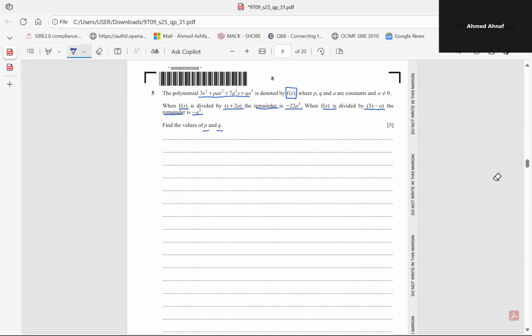Okay, so let's solve for x plus 2a equals 0. So we get x equals minus 2a. Now let's substitute x equals minus 2a into f(x), which gives us the remainder.